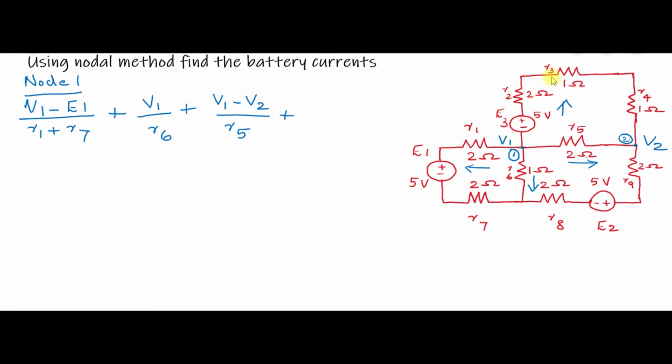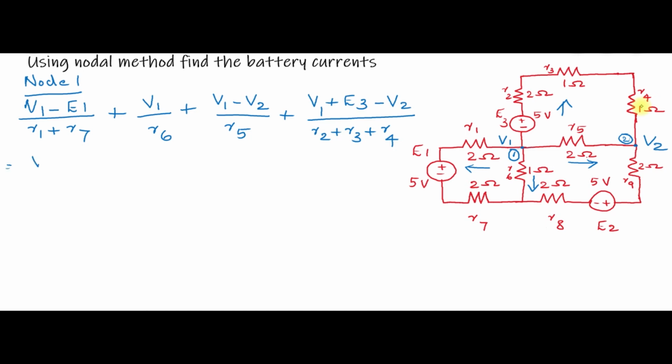My current is flowing in this manner, so rising potential occurs here. V1 plus E3 minus V2 divided by R2 plus R3 plus R4.